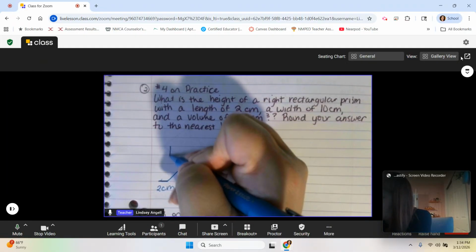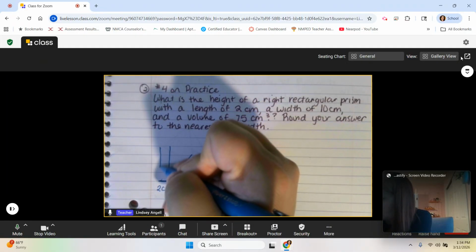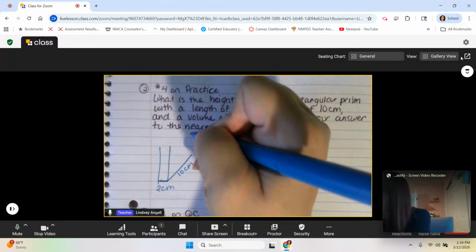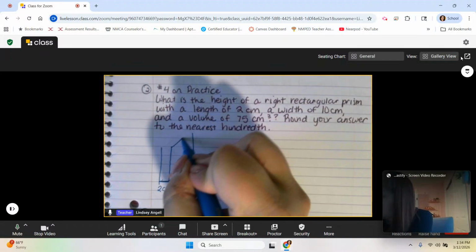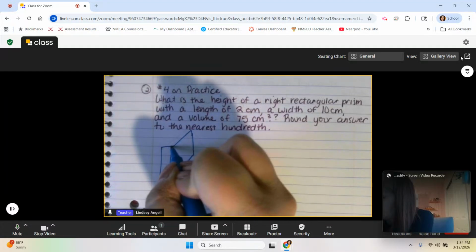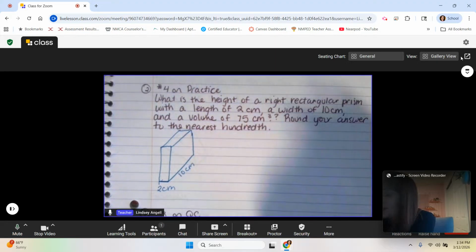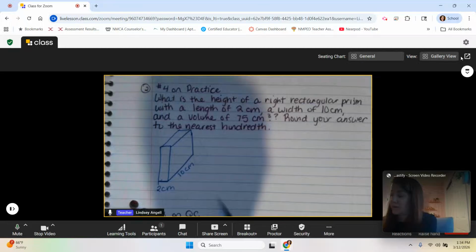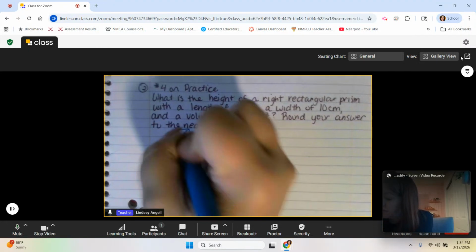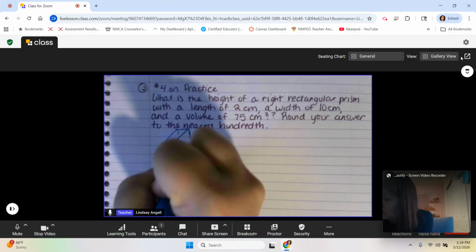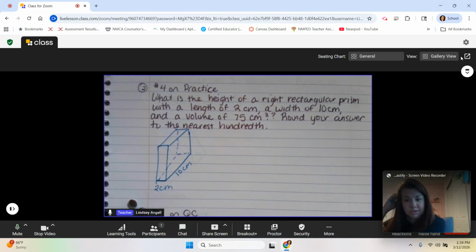And then we don't know the height, so this might not look accurate with what I'm drawing and the actual answer, but this kind of gives us an idea. The way I drew it almost looks like a little cereal box or something, right? Okay, so it's going to look something like that, ish.